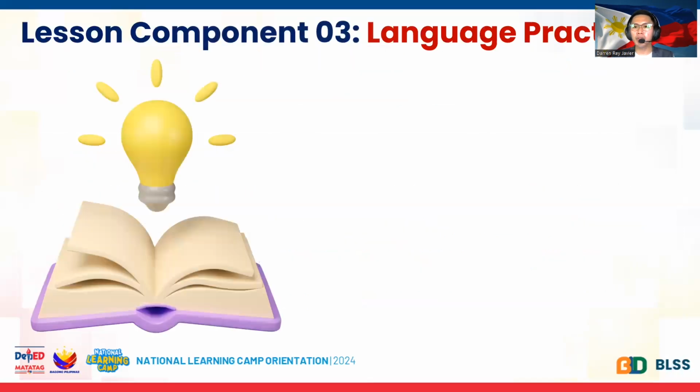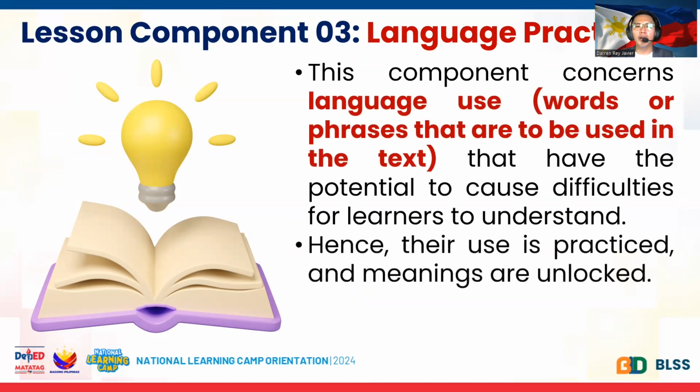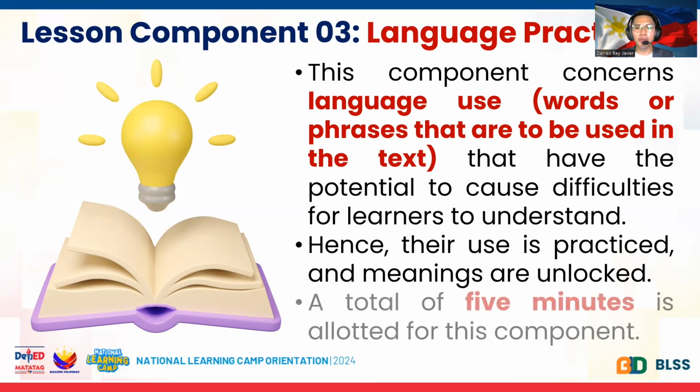For the third component, we have language practice. This component focuses on language use of words or phrases that can be found or that can be used in the text. And at the same time, these words have the potential to cause difficulties for learners to understand.